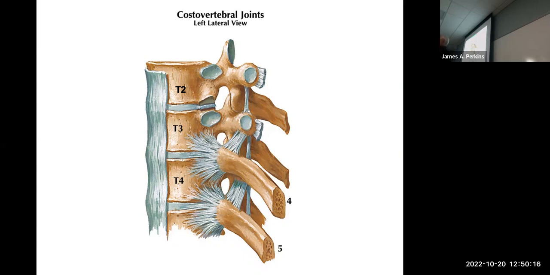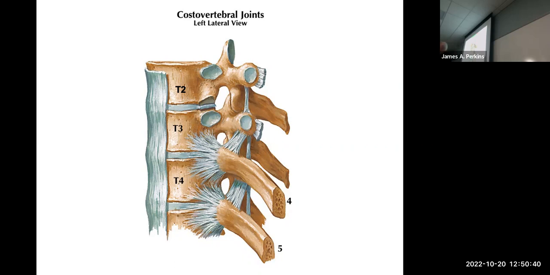Think about the first rib. The head of the first rib is going to articulate with the body of T1, the first thoracic vertebra, but also it's going to articulate a little bit with the vertebra immediately above it. So the first rib actually articulates a little bit with C7, the seventh cervical vertebra.